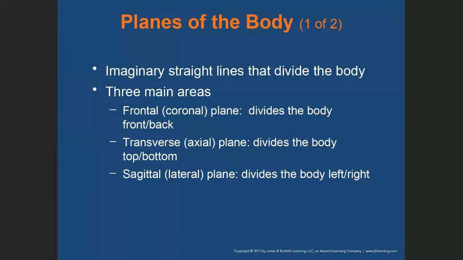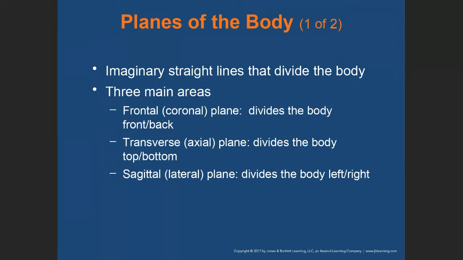Now, planes of the body. You need to be familiar with the planes of the body. These are imaginary lines that divide the body, and there are 3 main areas that you need to be familiar with at the EMT level. You have the frontal or coronal plane, which divides the body into an anterior and posterior portion.